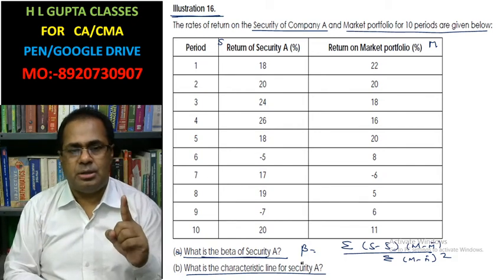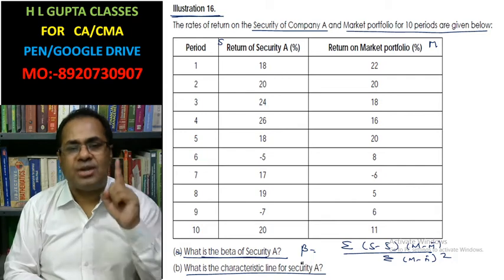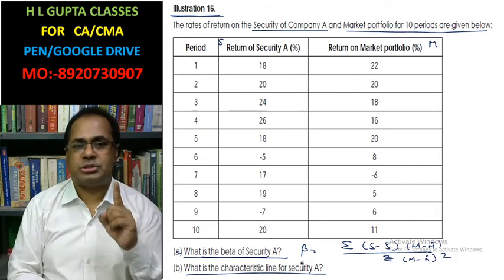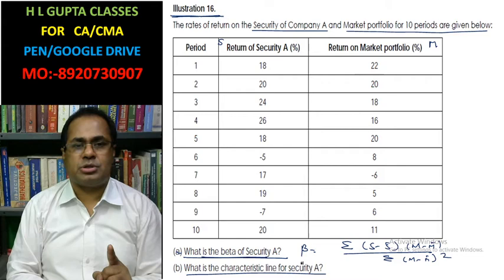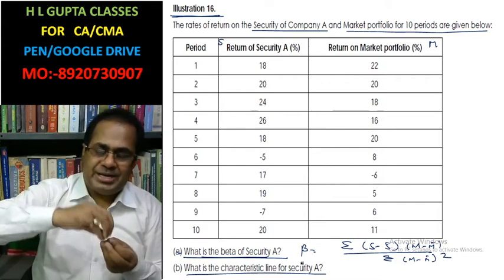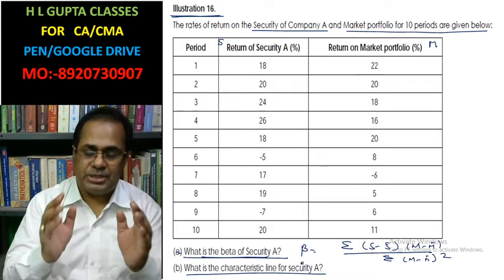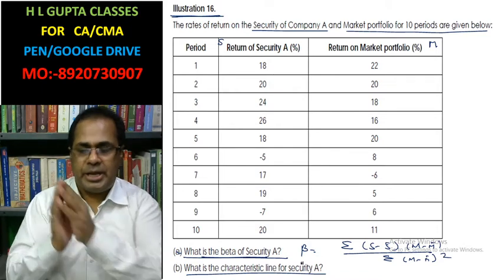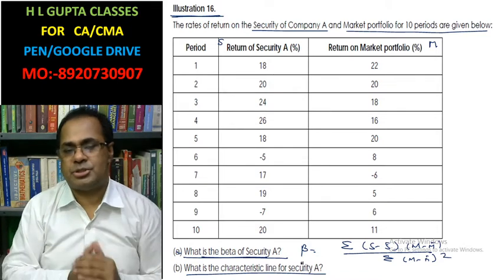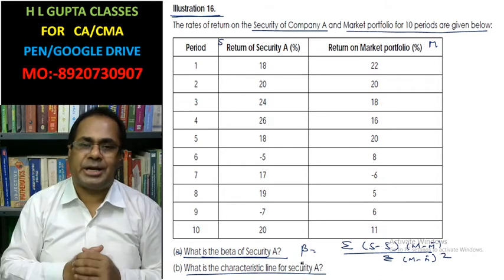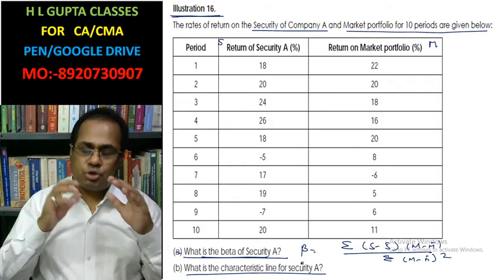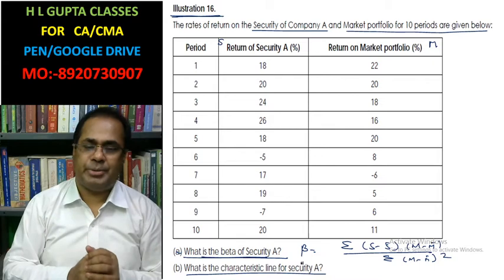It means you have to calculate the value of that constant, which is calculated by taking past data, the average return of the security, the average return of the market and the beta of the security. That is the characteristic line. Okay, I am solving the question, you will understand better.